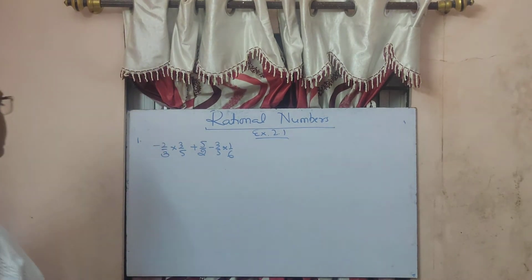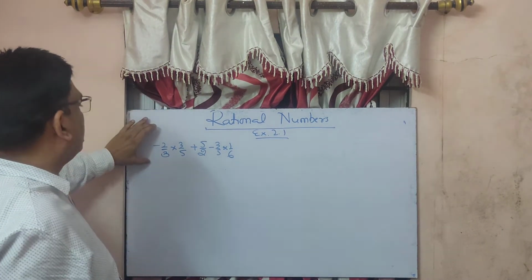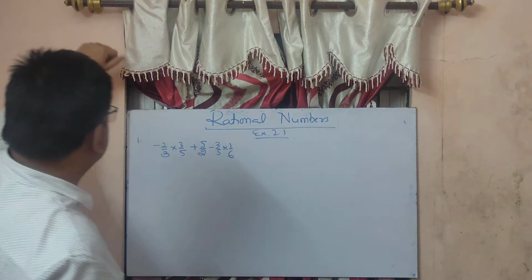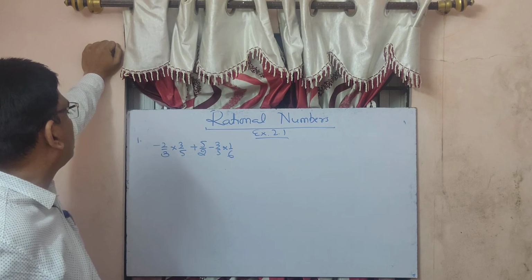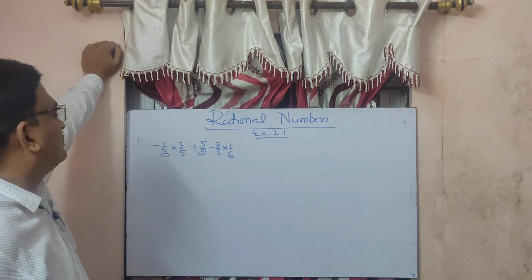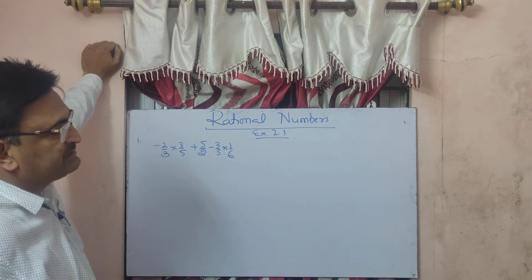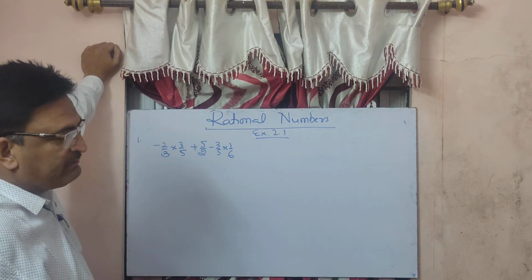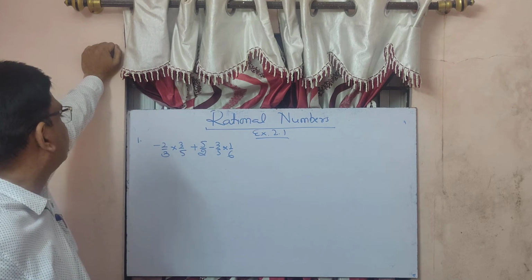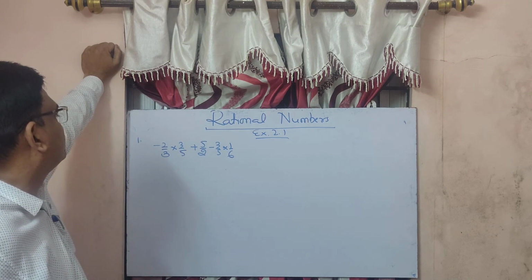Now, by looking at this, you have to remember what to do. You have to simplify using the three properties you have learned now.